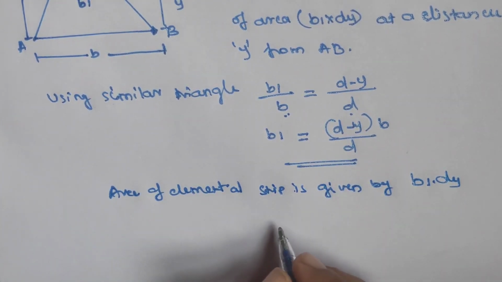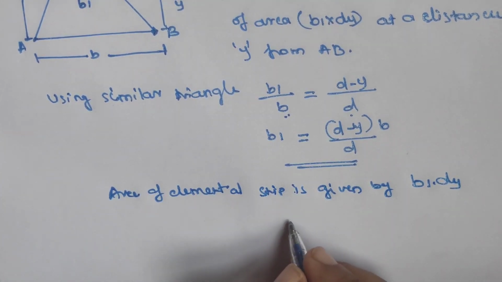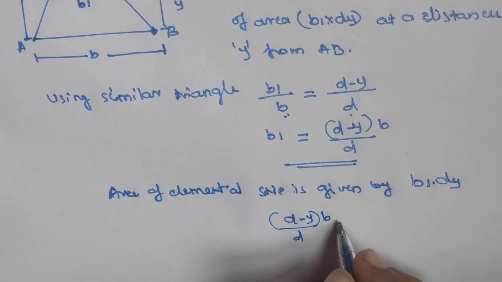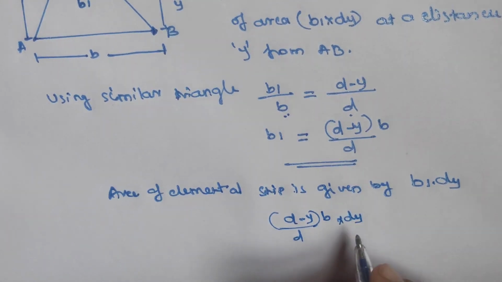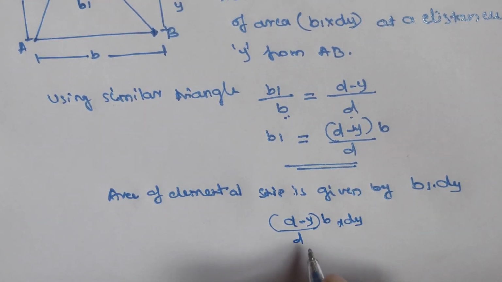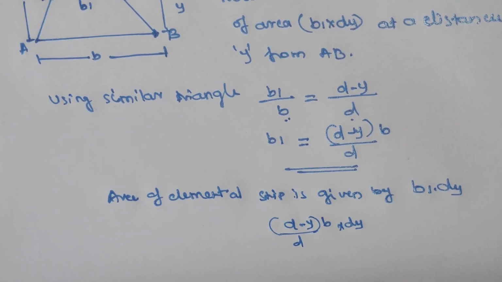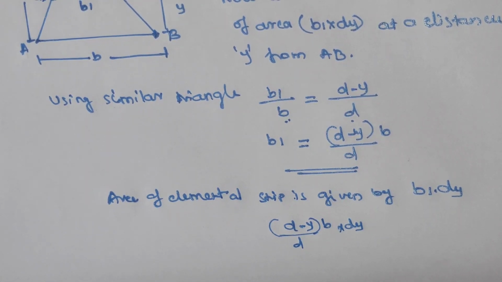So here we can write B1 as D minus y by D into B multiplied by dy. This is the area of the elemental strip. Now once we get the area of the elemental strip, next we will find the moment of area of the elemental strip. Moment of area of the elemental strip is nothing but area multiplied by perpendicular distance.